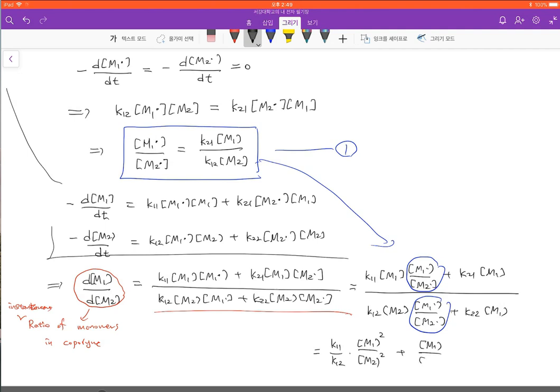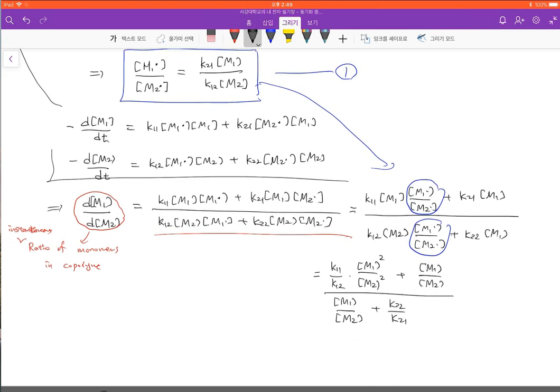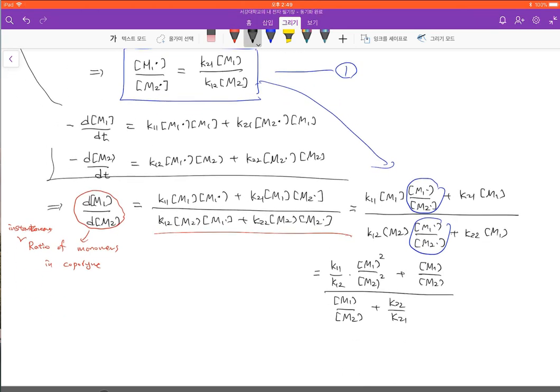What you get is K11 over K12 times M1 over M2 squared plus M1 over M2, over M1 over M2 plus K22 over K21, right?